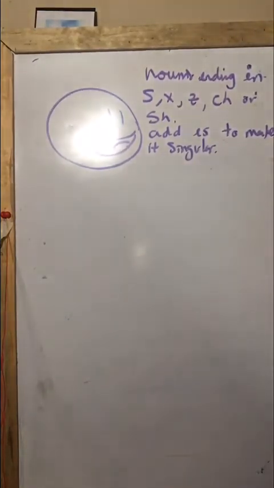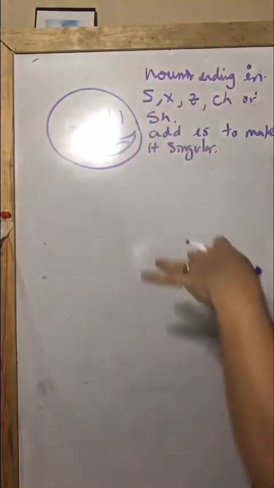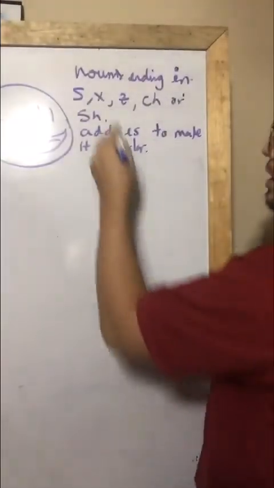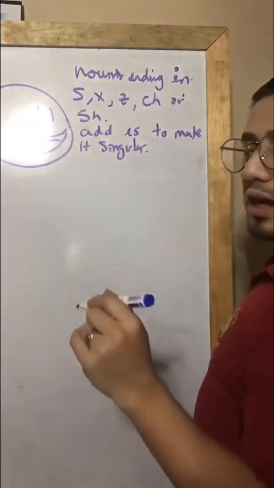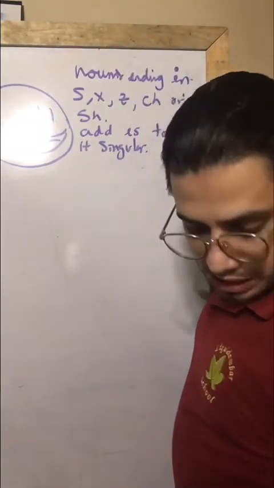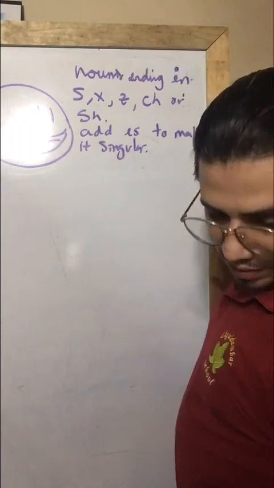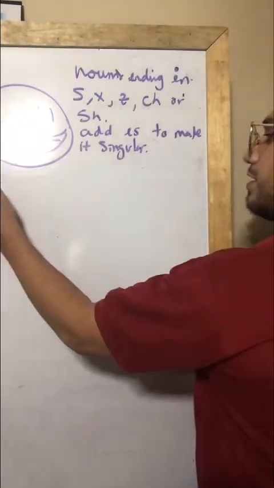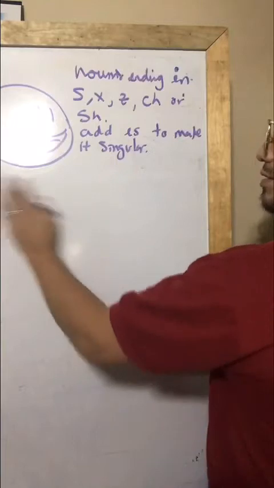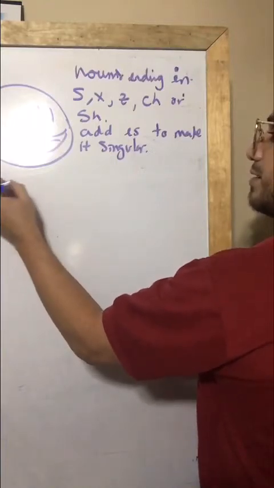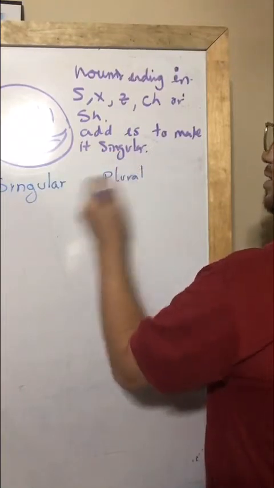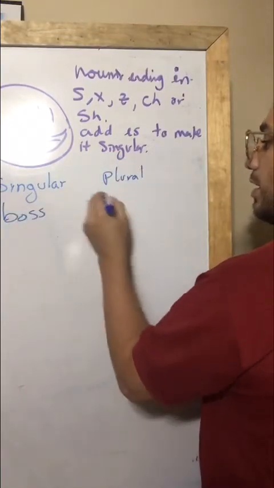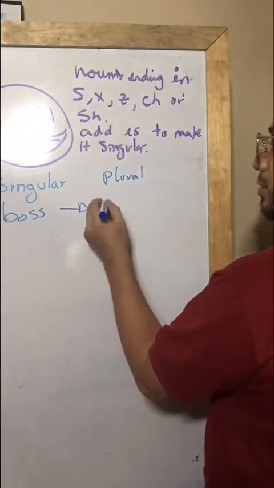Now I struggled with this with the other grade because I couldn't find specific examples for some of those words. So for an example, if it ends in an S, singular, plural, we have boss, and then the plural would be bosses.